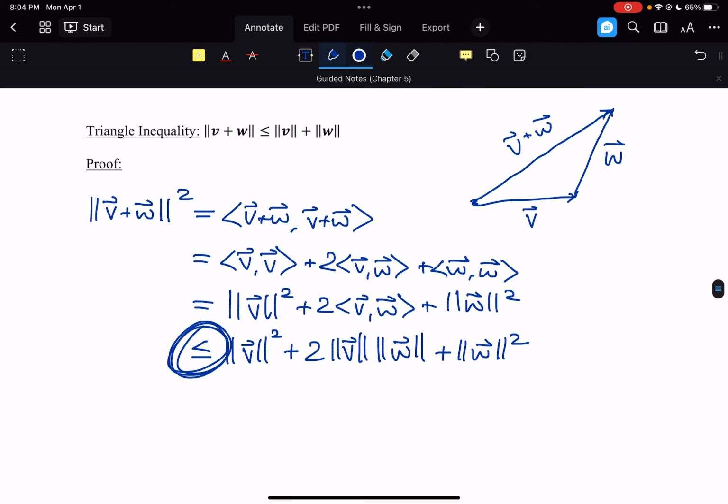So this is where we get the inequality showing up using again that Cauchy-Schwarz inequality.